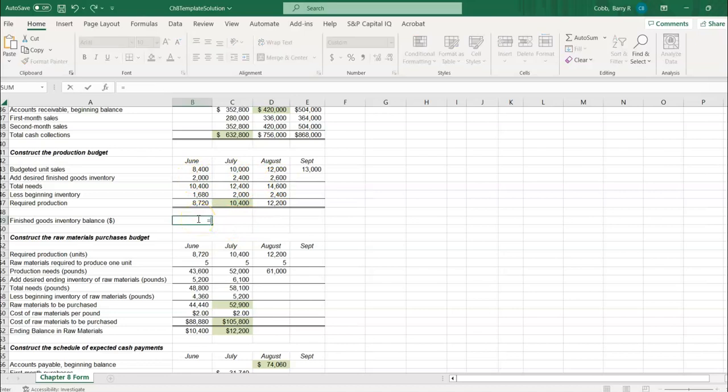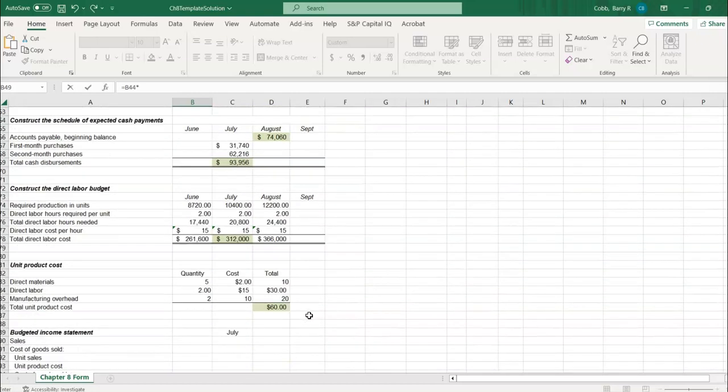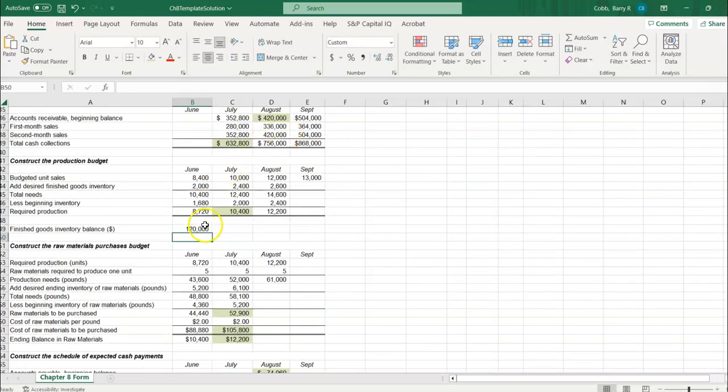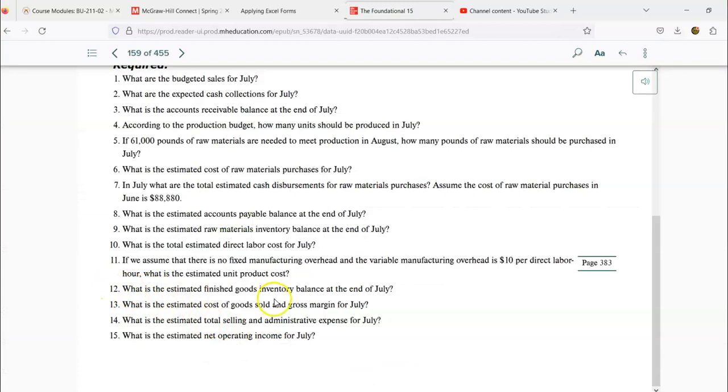So we'll multiply the ending inventory times the $60 unit product cost. We only have that in one column, so we'll use an absolute reference. So the July finished goods inventory balance is $144,000, which is the answer to question 12.